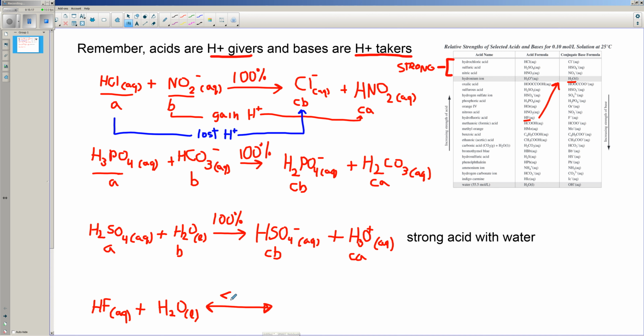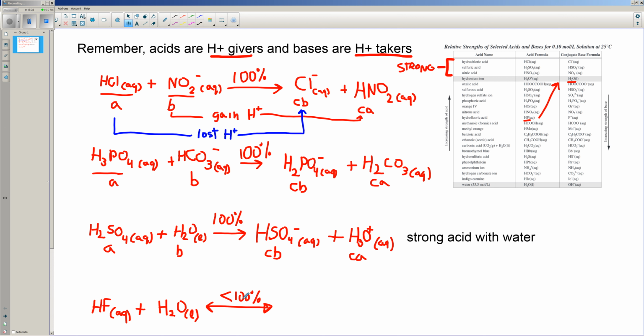If you're a Chem 30 student, you're probably going to be looking at me funny or like making a face. Yes, there is a way to know what percent is actually reacting, but in Science 30, we're just going to say less than 100, and that's good enough for us.